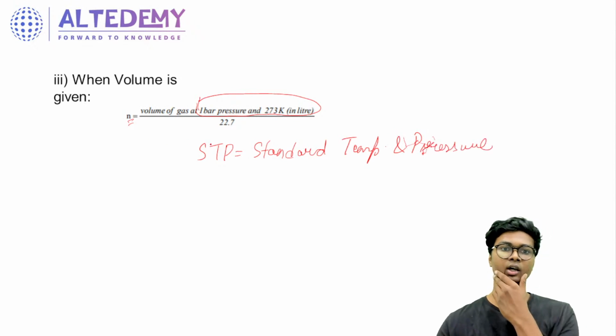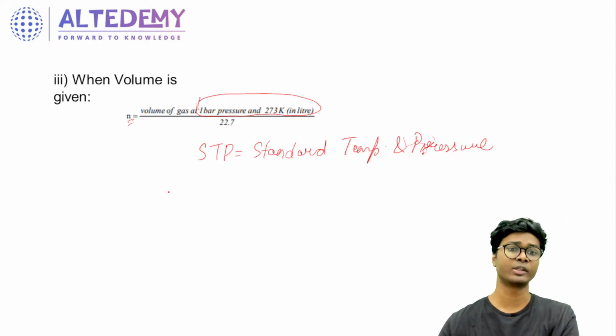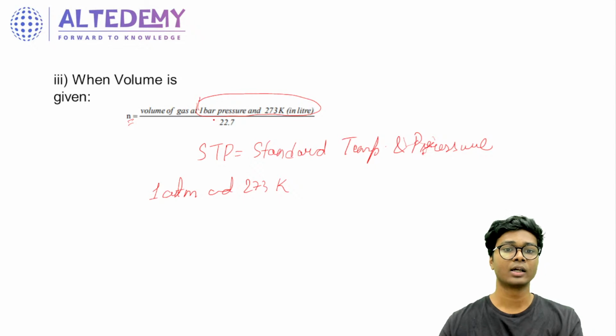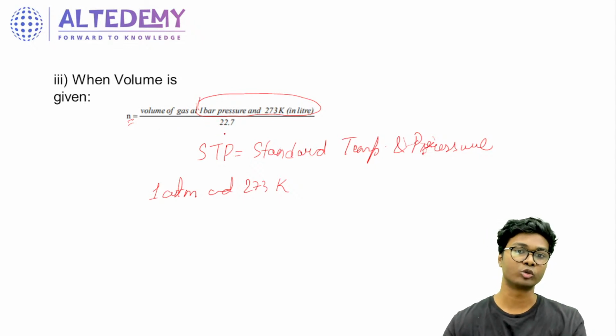So this is the new STP. Earlier we used to say 1 atmospheric pressure and 273 Kelvin. So don't get worried, because for 1 bar pressure we divide the volume by 22.7, and if the question says 1 atmospheric pressure and 273 Kelvin, then we'll have to divide it by 22.4.